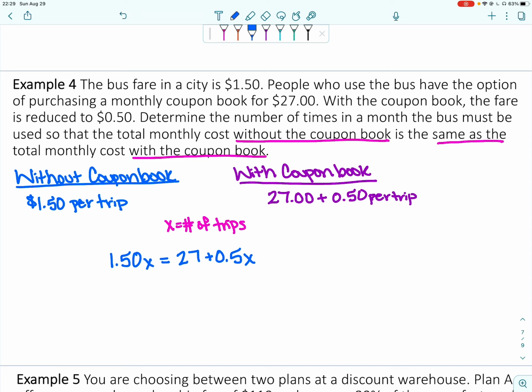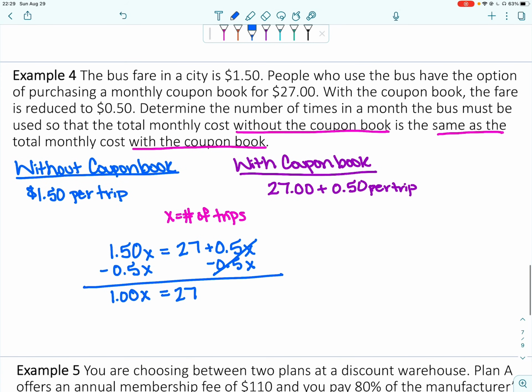So now instead of subtracting 27 like I've been doing, I'm going to subtract the 0.5x because I have a term with an x on both sides. So that gets rid of the term with the x on that side, and I'm left with 1x over here equals 27. 1.00x is the same as just x equals 27.